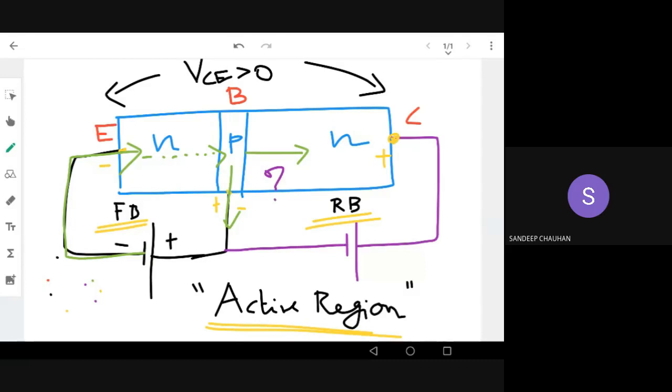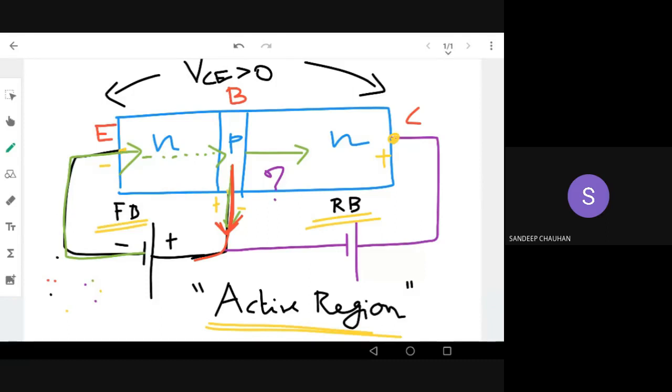Although logically you may think, why should they go to the collector? It is actually far away, and again there's an N region on the other side. The collector region is actually an N-type semiconductor. Most of you may think most of the electrons should enter the positive terminal of the battery, right? But although the answer is yes, not all electrons enter this side.